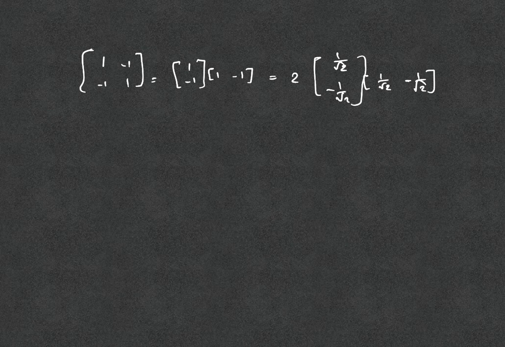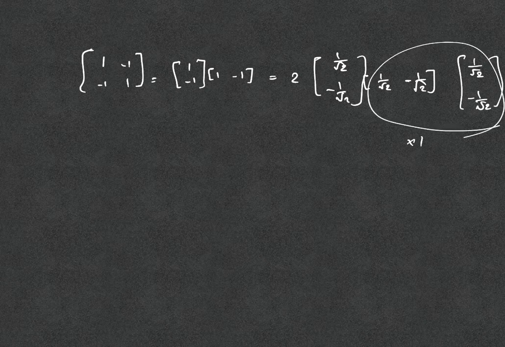What this implies is that if you multiply this by this value here, you can see that this part ends up being a 1. So this right here is the eigenvector with the eigenvalue of 2.